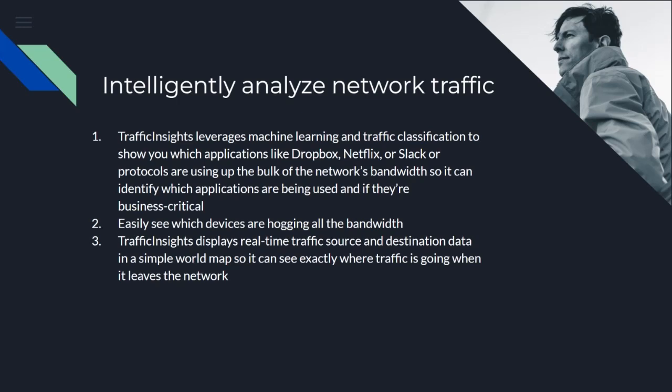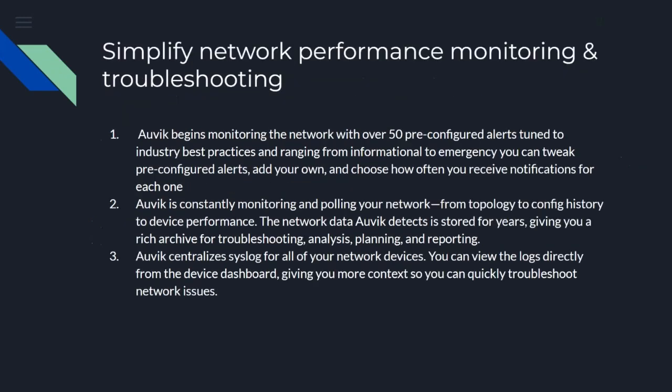We can easily see which devices are hogging all the bandwidth. Traffic Insight also displays real-time traffic source and destination data on a simple world map, so you can see exactly where traffic is going when it leaves the network.